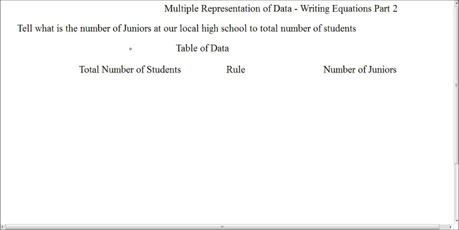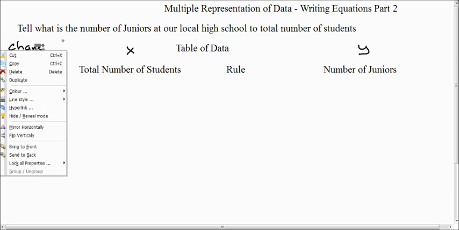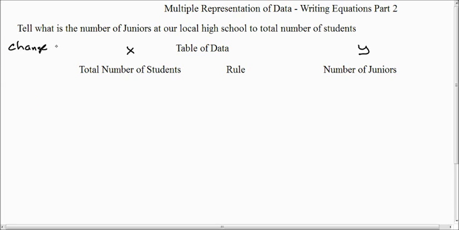Let's describe it with X and Y. Remember, we're going to do the change in Y divided by the change in X.